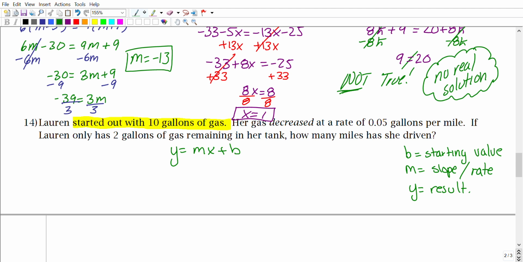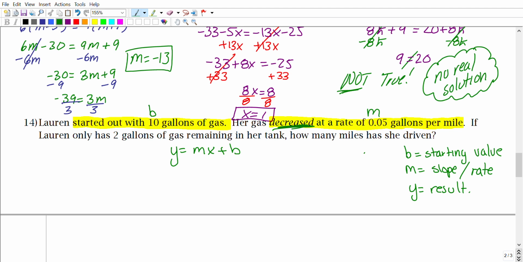That looks to me a lot like b, okay? Then it says her gas decreased at a rate of 0.05 gallons per mile. Well, that looks a lot to me like my m, right? It's our rate, it's our slope. It's going down, it's decreasing by 0.05 gallons per mile, all right?